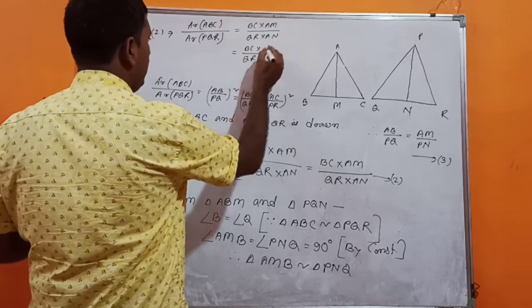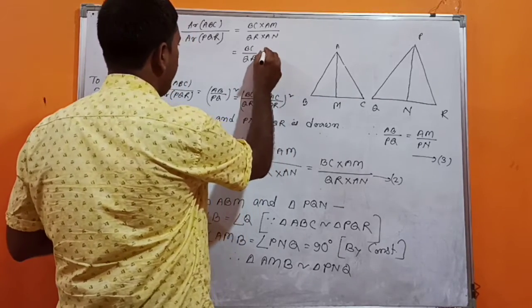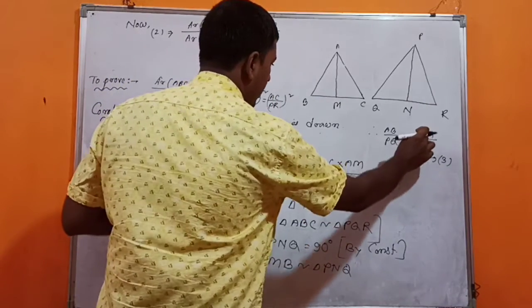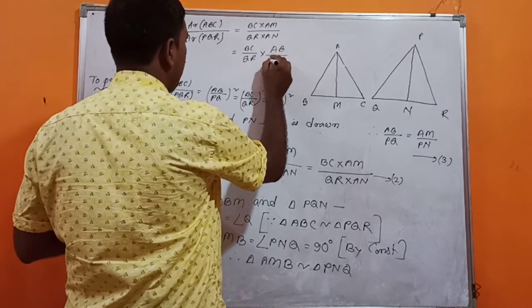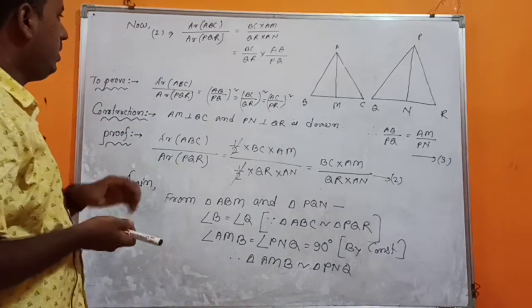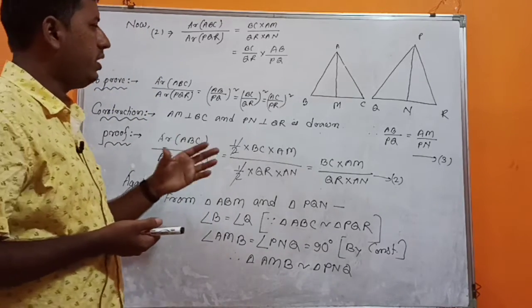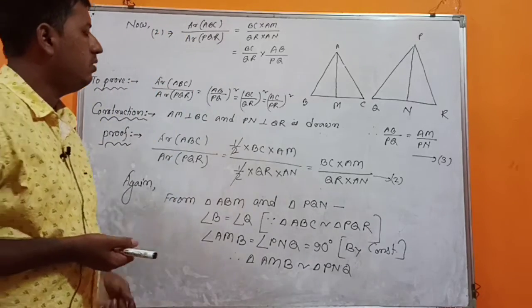into AM by AN. Look at this, AM by AN, if we take it separately, can be written as AB by PQ. And in our first point, in the given portion, these things I have erased here.